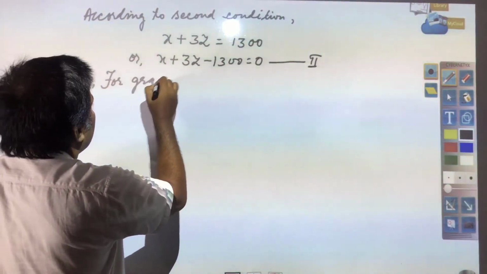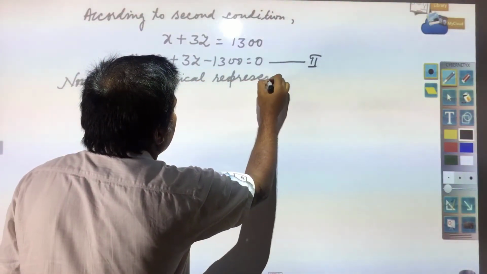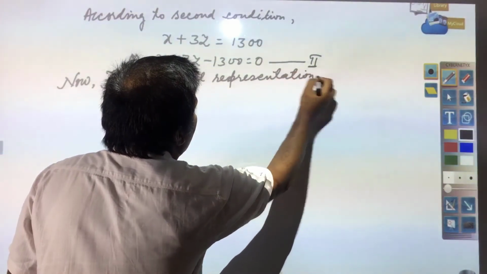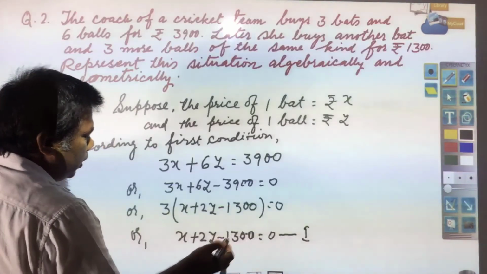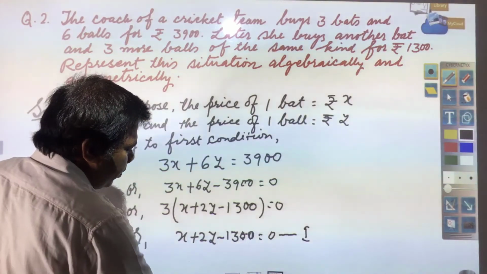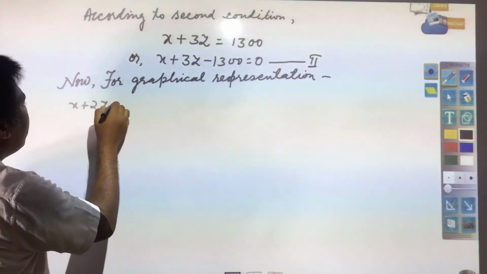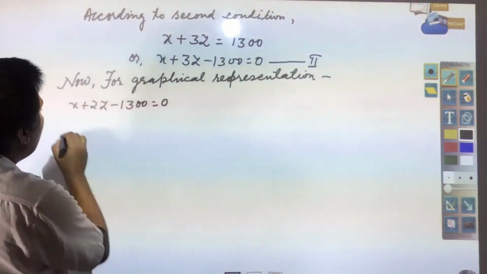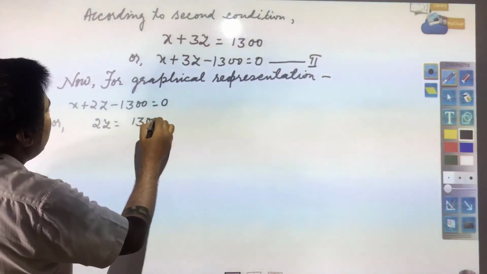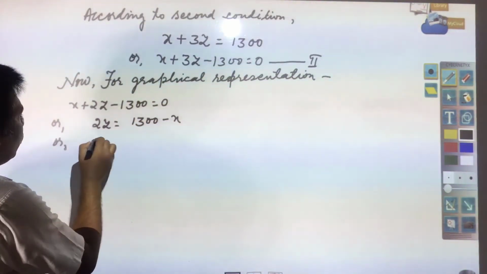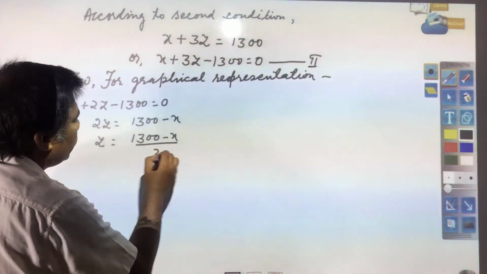For graphical representation, the first equation is x plus 2y minus 1300 is equal to 0, or it can be written as 2y is equal to 1300 minus x, or y can be written as (1300 minus x) divided by 2.